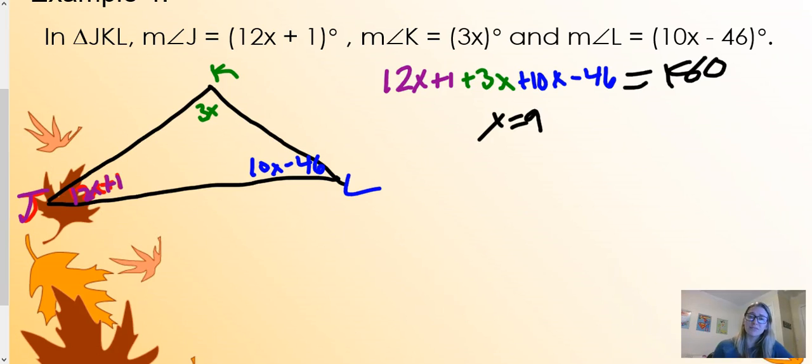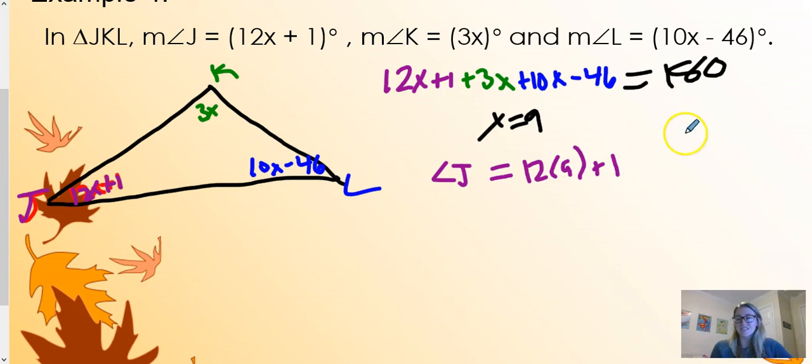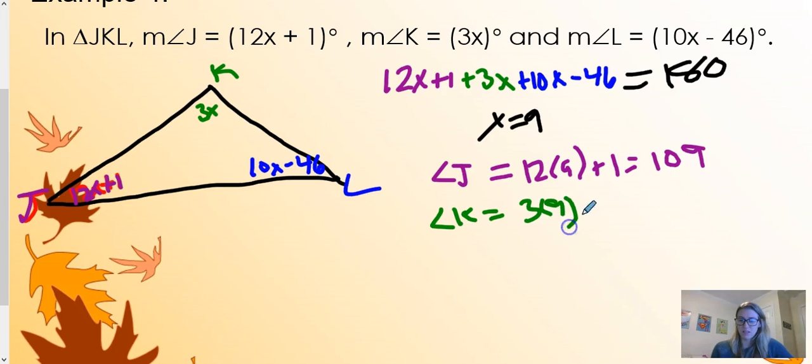And then I'm going to plug it in for each of my angles. So angle J is equal to 12 times 9 plus 1. 12 times 9 is going to be 108, plus 1 gives us 109. Angle K is going to equal 3 times 9, or 27.